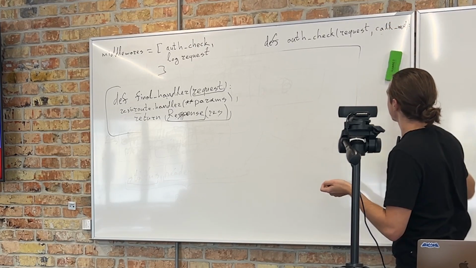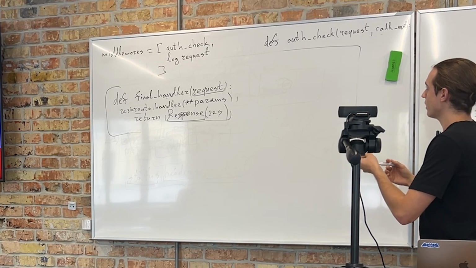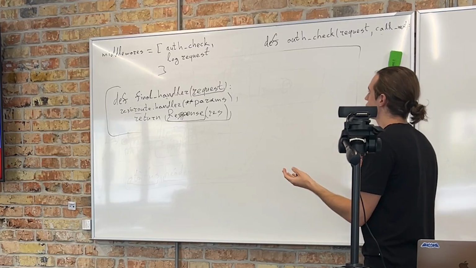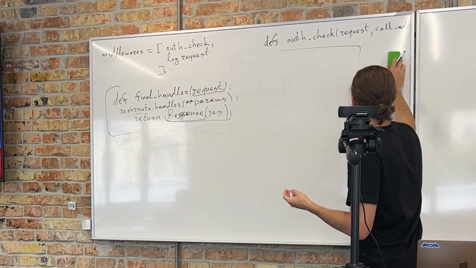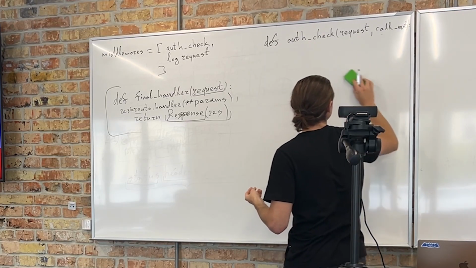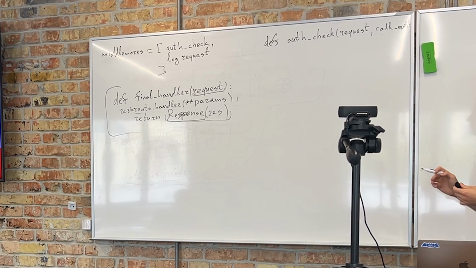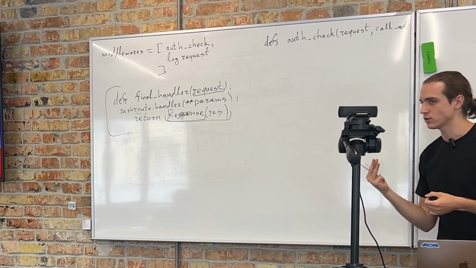This is the next callable that auth check needs to call after it performs some actions with a request. All our middlewares have basically three types of operations.